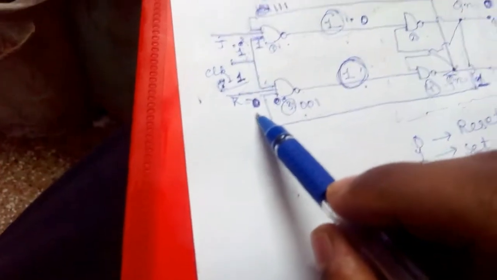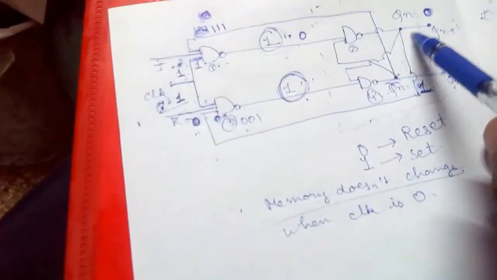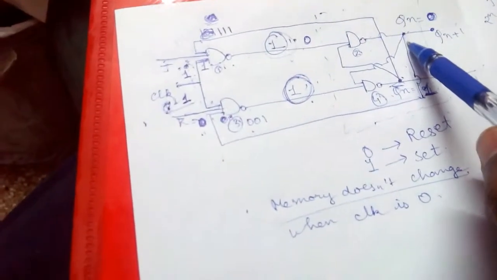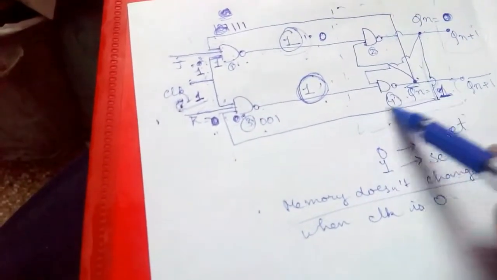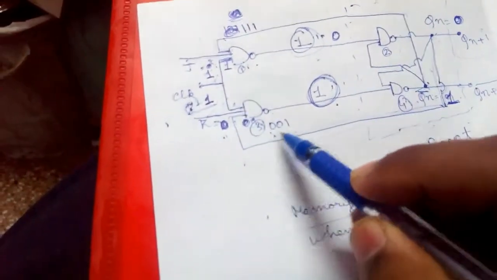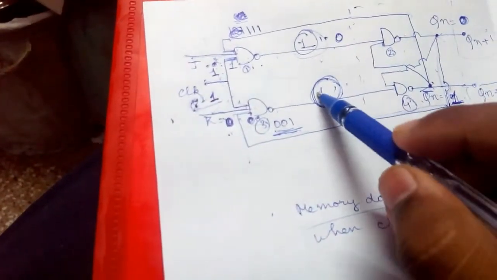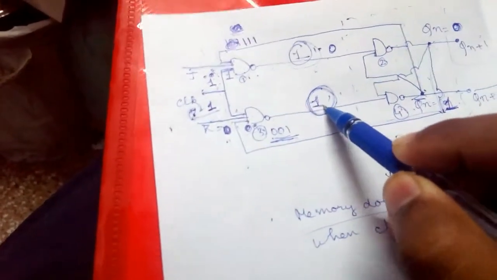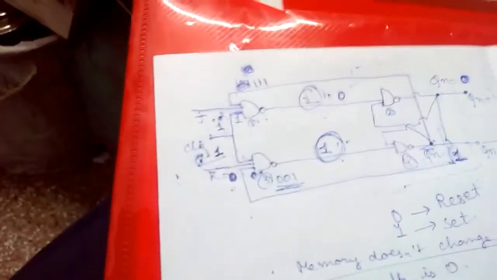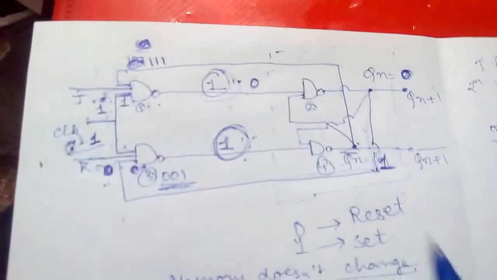Now in K it is 0, clock pulse 1, and the Qn is 0, it will travel through this path, so therefore 0 0 1, therefore the outcome would be 1. Now this is a new case and the output would be also new.